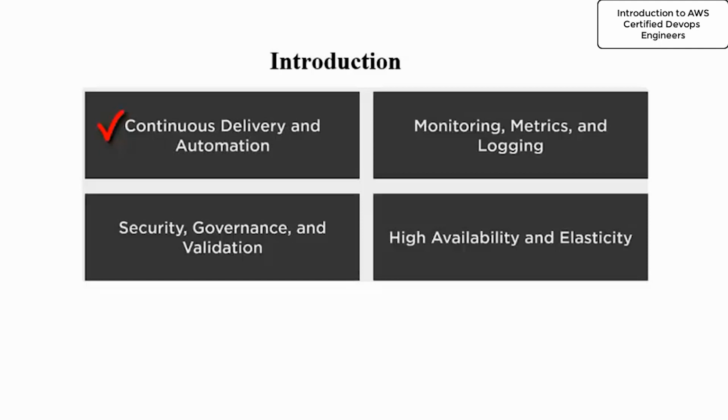We need to bridge the gap between code preparation and code commit. This will decrease the time between when the code is built and when it is deployed in the production environment. That is, very briefly, what continuous delivery and automation is.